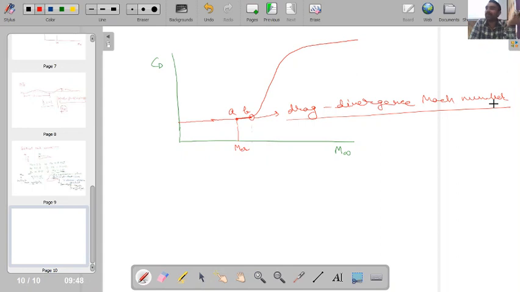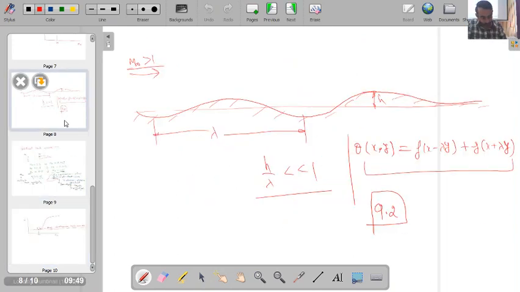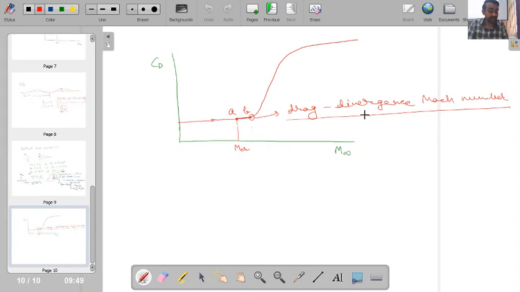If you have an aerodynamic body, you want to make it in such a way that our drag divergence Mach number is large. If the drag divergence Mach number is large, then I can keep my M infinity value large. If it is small, then M infinity also has to be small.